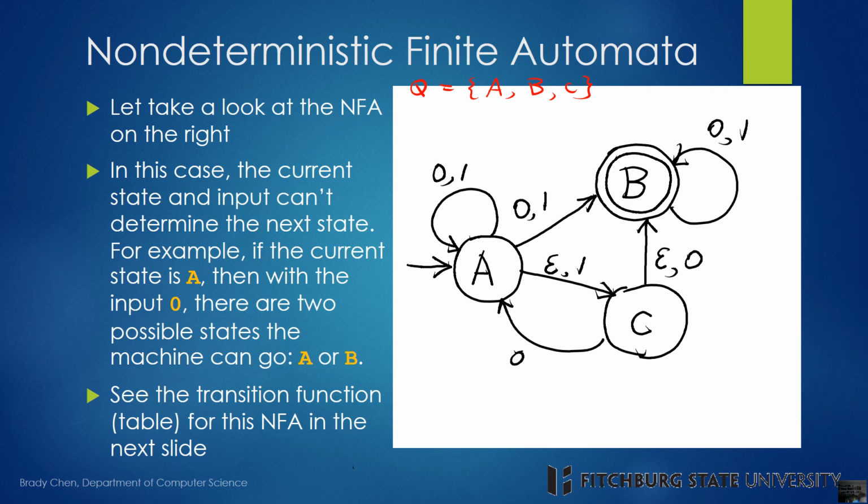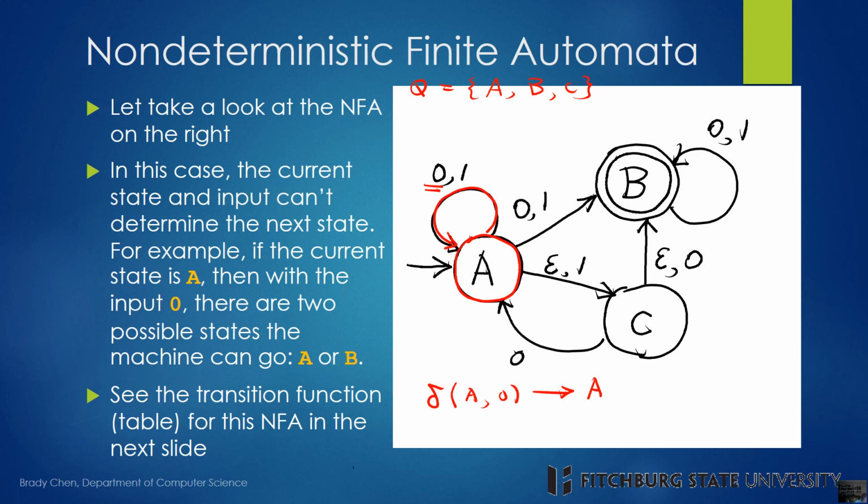And so in this case, let's see what's the difference between this diagram and any diagram of deterministic finite automata. So if the current state is A, and the current input value is 0, then we find that delta of A and 0 may actually get you back to A, right?